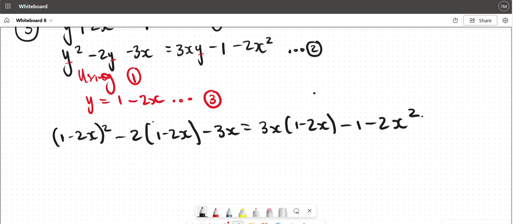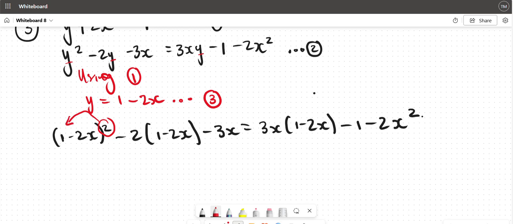Then you expand. Remember how I told you how to expand this? I'll say it one more time. It's a very important skill to learn, especially with these, because it speeds things up. You square the first term, I'll get a 1. You square the second term, so if you square negative 2x, you get a positive 4x squared.